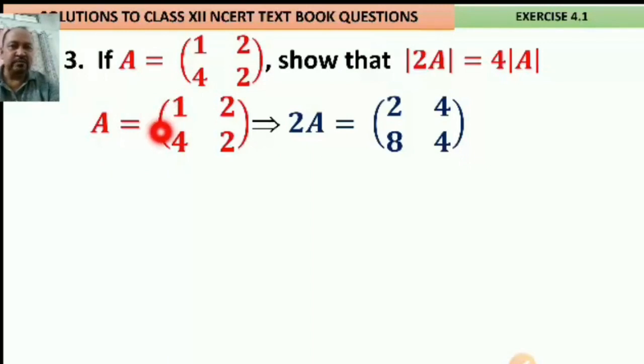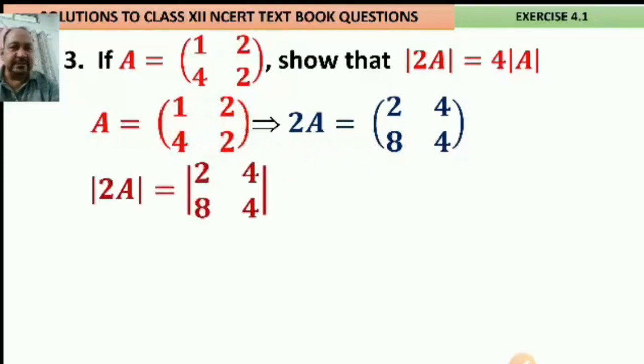As you know the process for matrices, 2 is a scalar quantity. When it is multiplied, 2 ones are 2, here you will get 4, here 4, here 8. So 2 is directly multiplied into these elements.